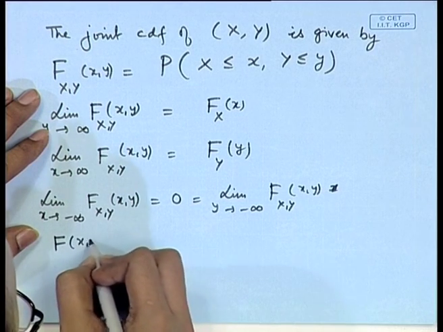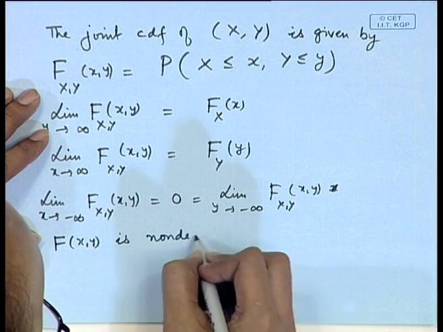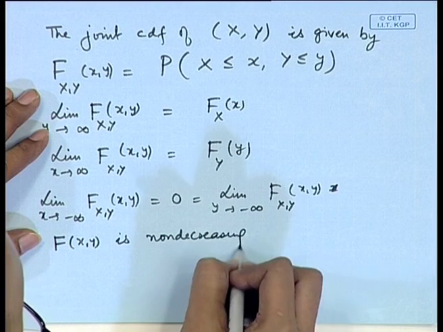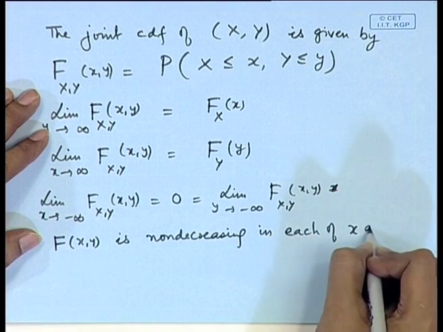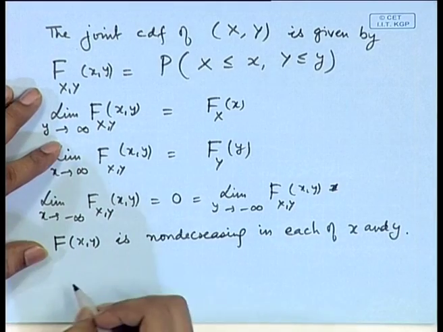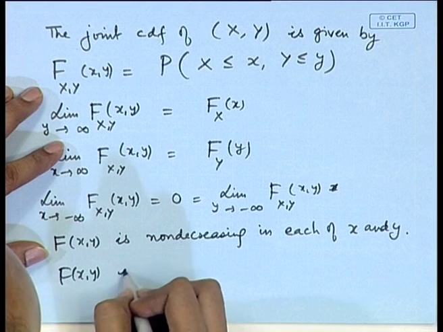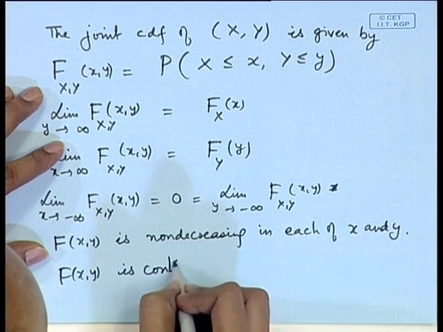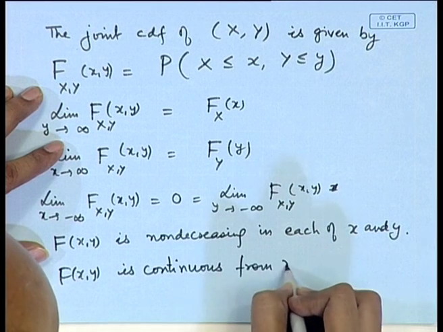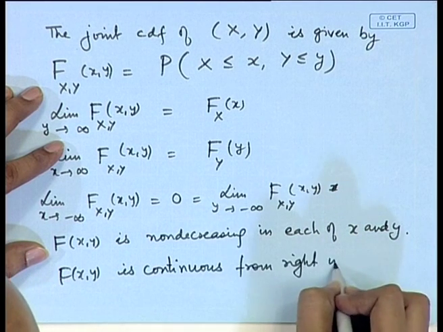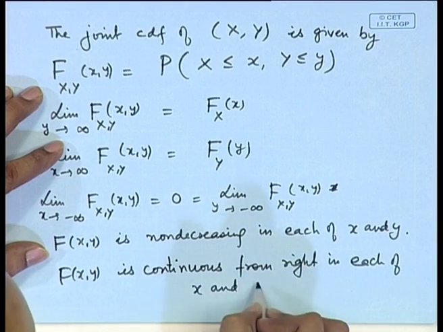F(x, y) is non decreasing in each of x and y. F(x, y) is continuous from right in each of x and y.